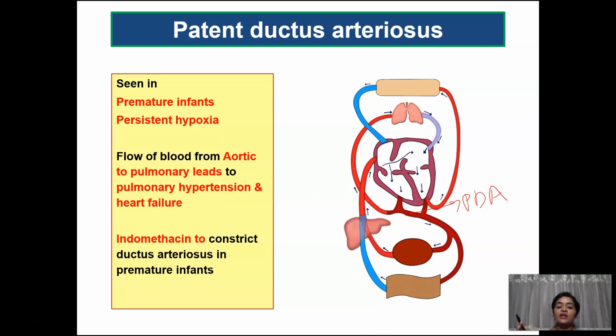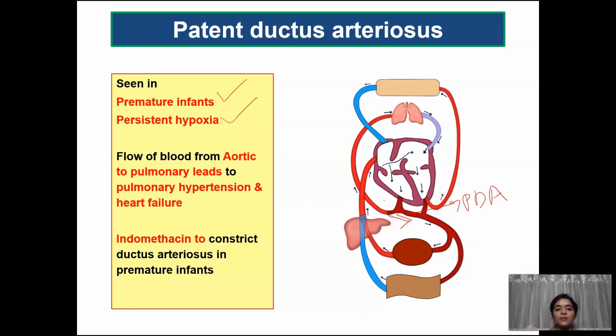Patent ductus arteriosus is seen in premature infants and in persistent hypoxia, because we know high oxygen content is needed for the closure. So in premature infants and fetuses suffering from persistent hypoxia, there will be low oxygen content, and as a result there will be patent ductus arteriosus.